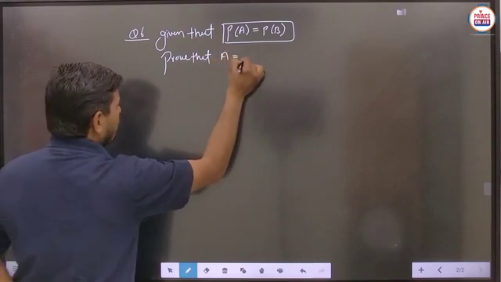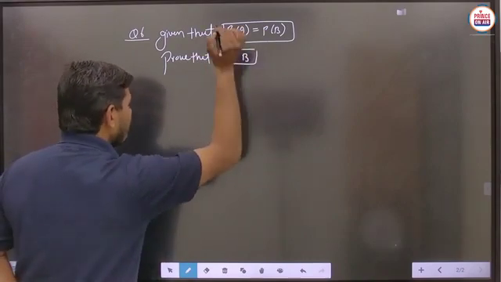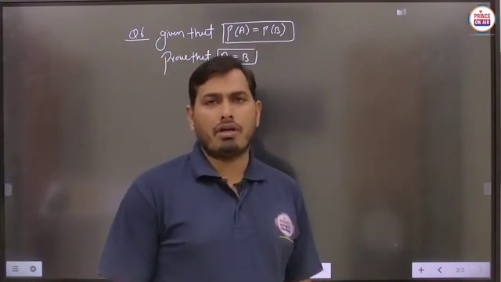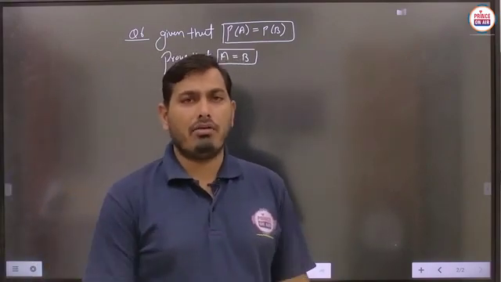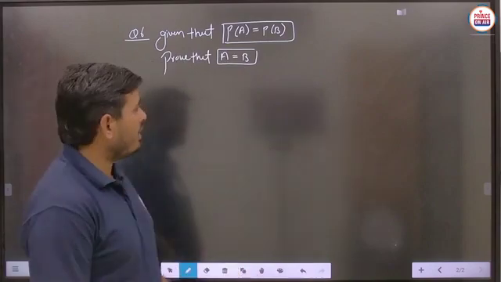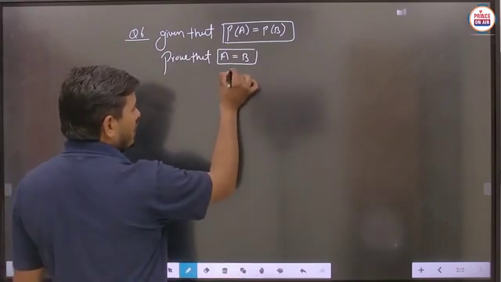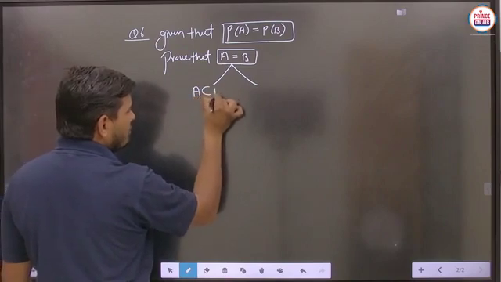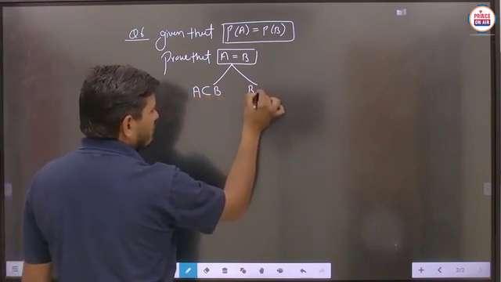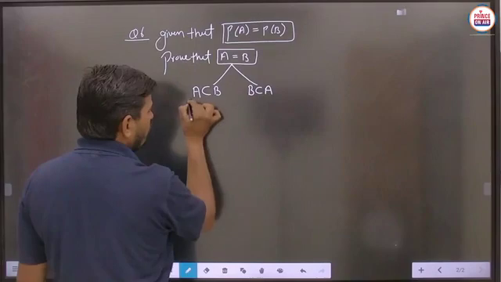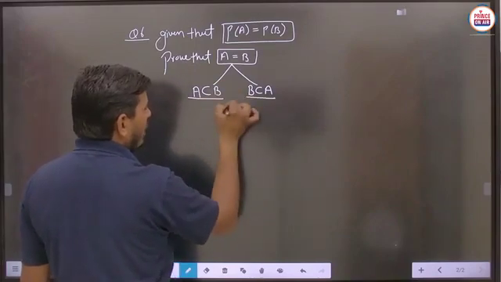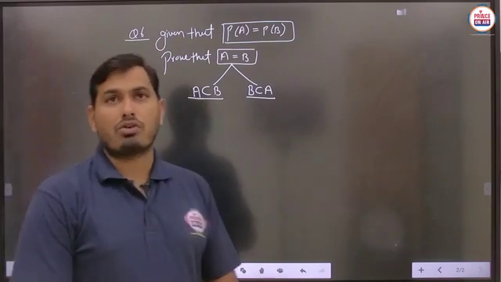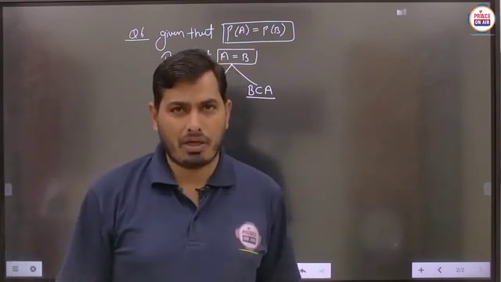A equals B. Student, in the last video we discussed a very important note: if two sets are equal, then what are we saying? If we want to prove that the sets are equal, then we will prove these two things, either A is a subset of B or B is a subset of A. If we are able to prove these two results, then on behalf of these two results we can say that A equals B. So first of all, what type of logic are we to apply in this question?